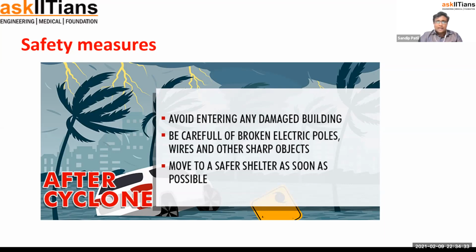As we already know, if your building is damaged, we cannot enter the damaged building. We have to move to a safer shelter, which is actually created by the government officials. So the government is all there to help us. These are some safety measures we should consider after the cyclone.